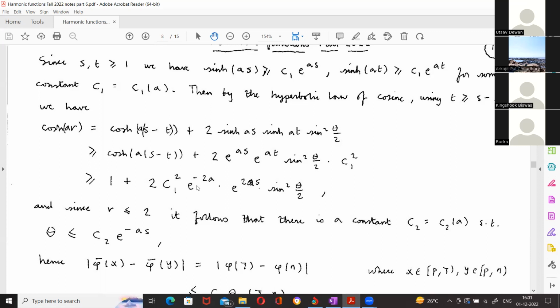So this is bigger than 1 plus 2 constant squared e to the... what is this? This should be e to the AT.